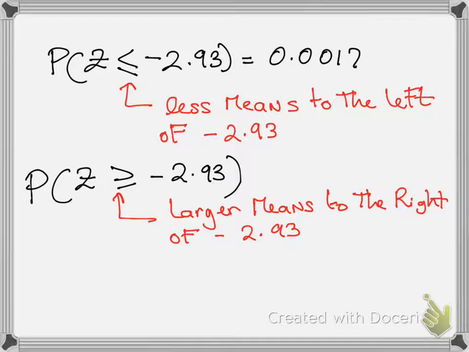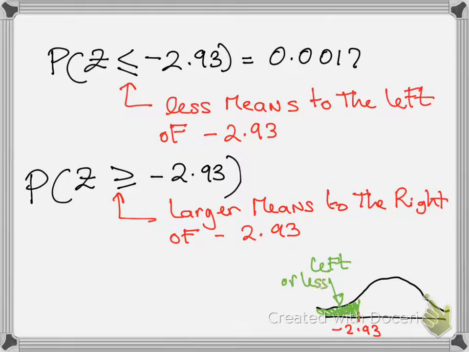So what I'm saying, guys, is you have your curve, and somewhere here is negative 2.93. Less means to the left, so that will be this region here, to the left of negative 2.93 or less than negative 2.93.